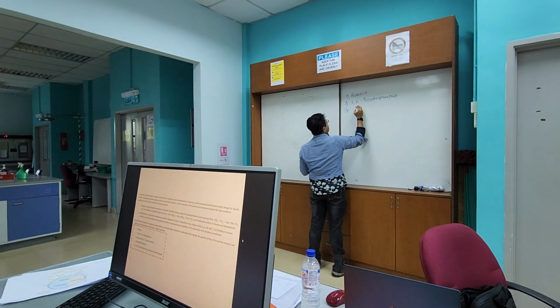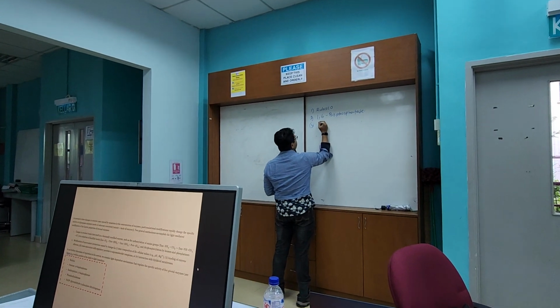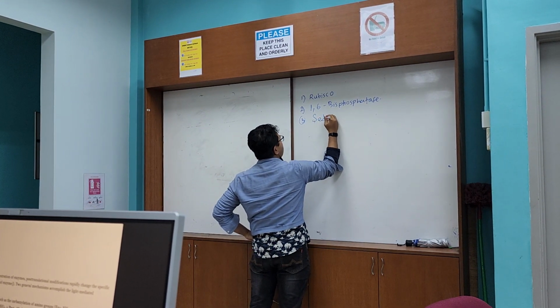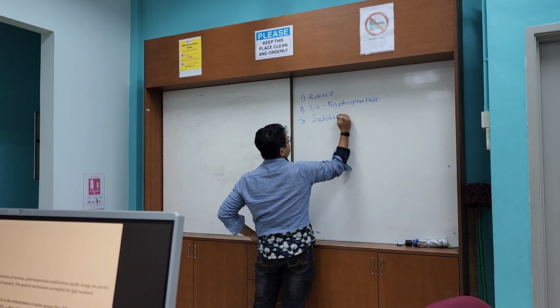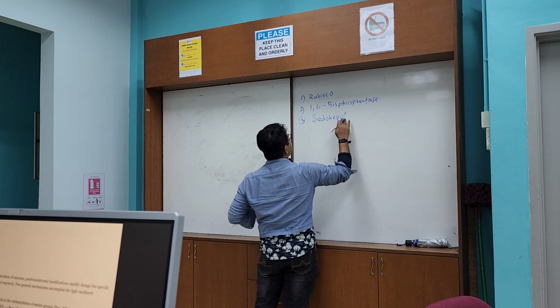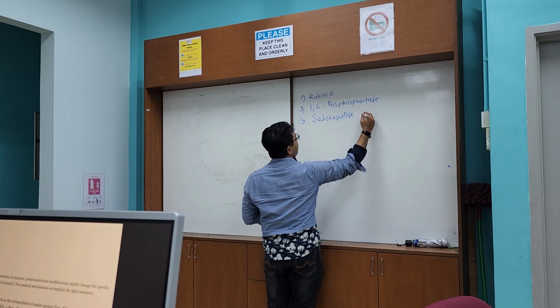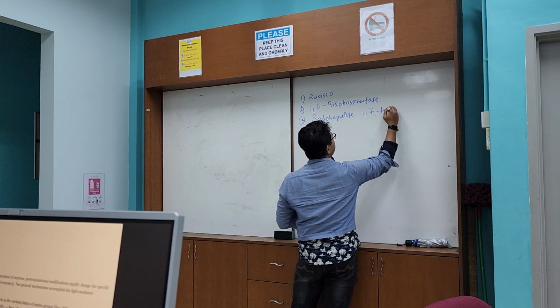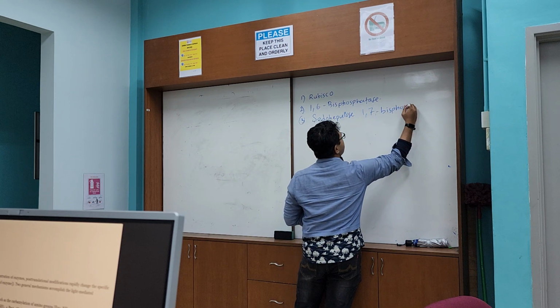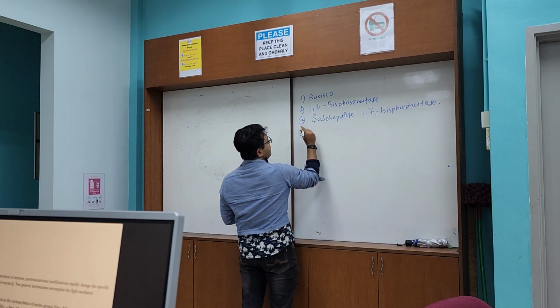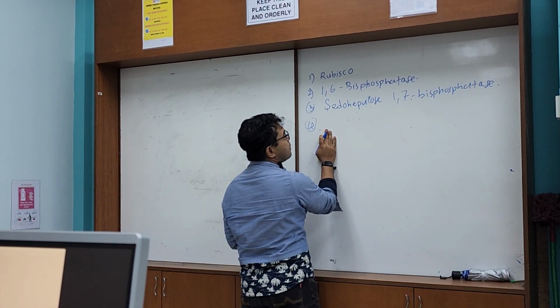This should be, tell me the first letter. S. Sedoheptulose. No. It's sedoheptulose-1,7-bisphosphatase. Number 4, that should be, give me the first letter.